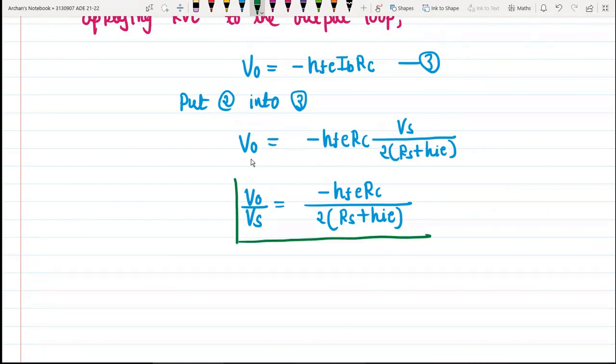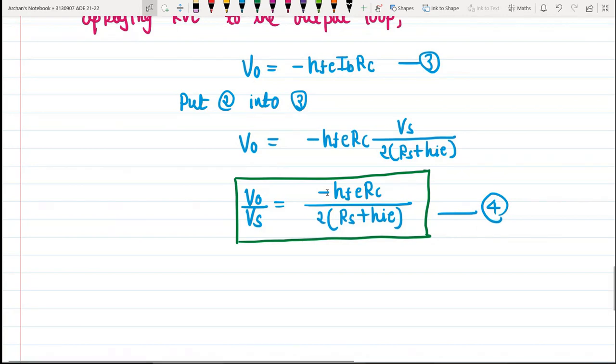Keep this form and let us give it number 4. Here you can see this equation indicates a negative sign. Why is it negative? Because it indicates the phase difference between the input and output. As I have told you, input and output will be out of phase with each other, and that is the reason why this negative sign is there.